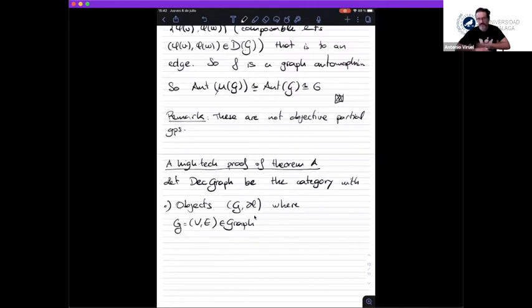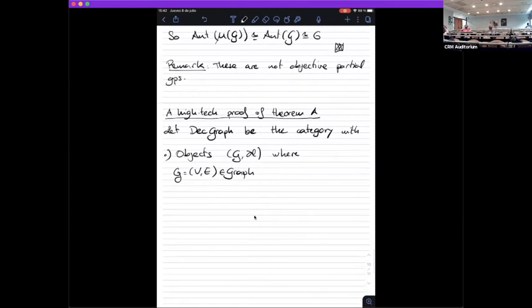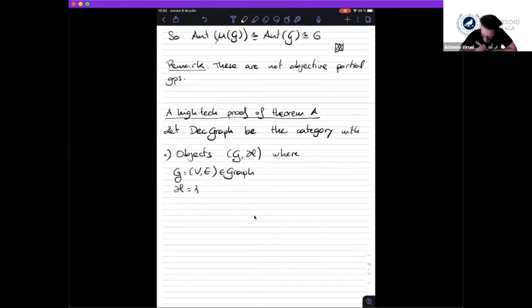So it's a simple non-oriented graph. And H is going to be a collection of non-trivial groups, indexed by the vertices of G. So these are kind of decorated graphs. So it's a standard graph, but we have put one group on each vertex, right?